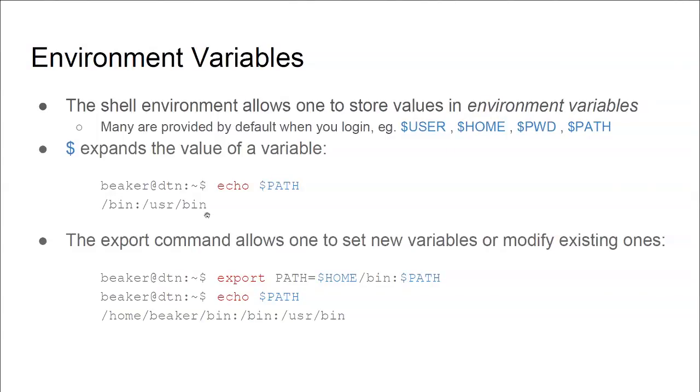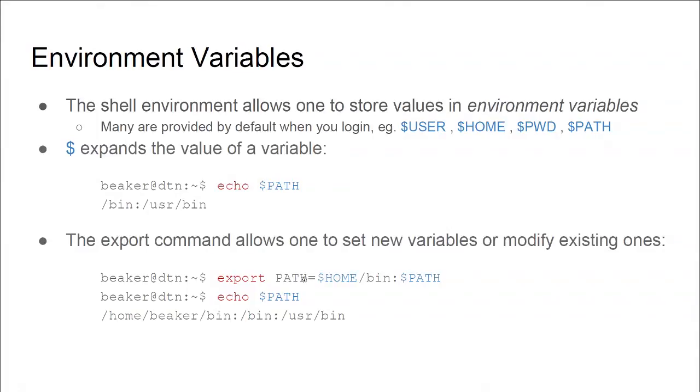If you want, you can change the variable to look in other places. You do that using the export command. It allows you to set new variables or modify existing ones. So for example, looking back at this PATH variable, I can export a new variable, PATH, which will be based on the existing one. Notice that when you do export, you don't specify the $ sign for the name of the variable you're setting.